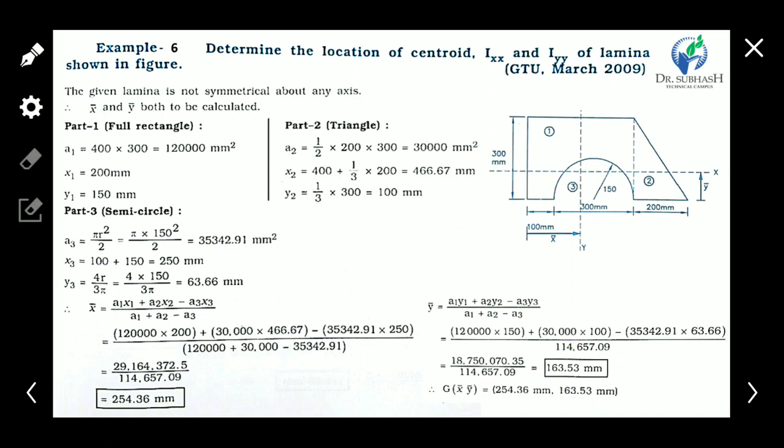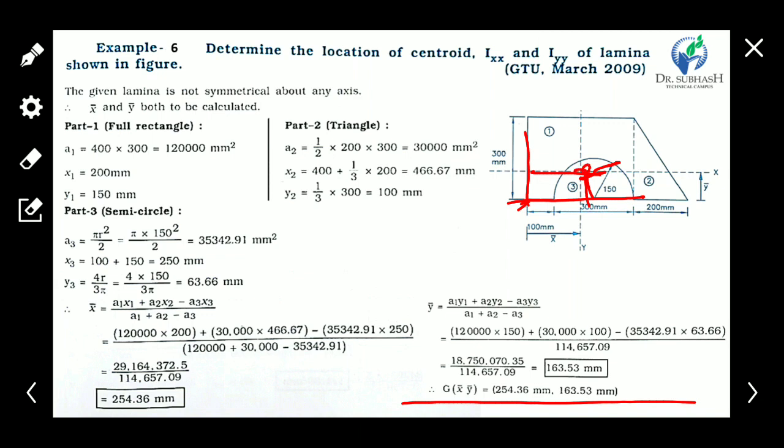So we got the position of the center of gravity from the reference point at corner A: it is 254 from this reference axis, and 163.53 high from this reference axis.